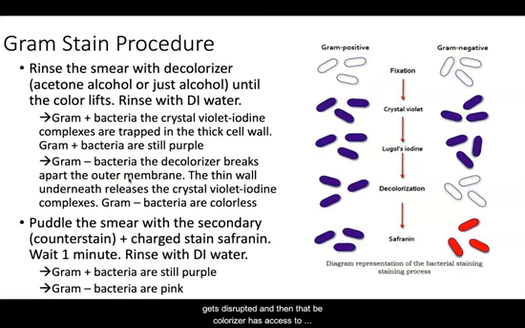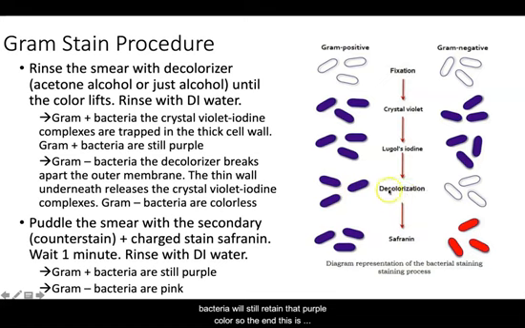And then that decolorizer has access to that thin peptidoglycan cell wall, and the purple complex is not held as tightly in that thin layer, and so it can be stripped more rapidly. And so if the length of the application of decolorizer is correct, then what you get is the decolorization of gram-negative bacteria, whereas the gram-positive bacteria will still retain that purple color.